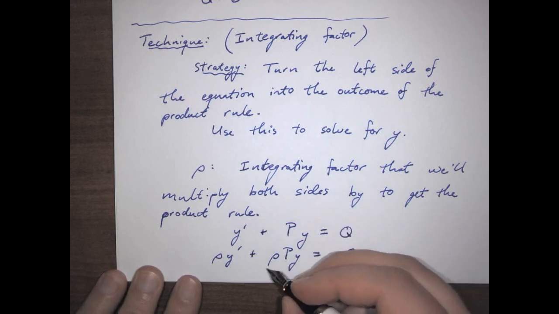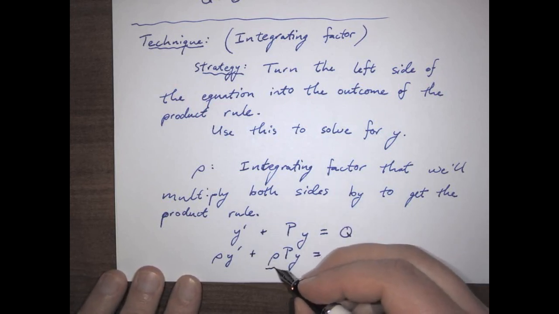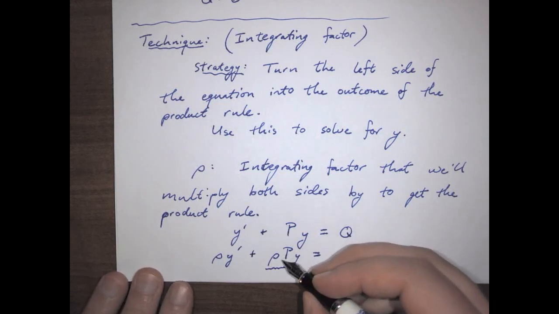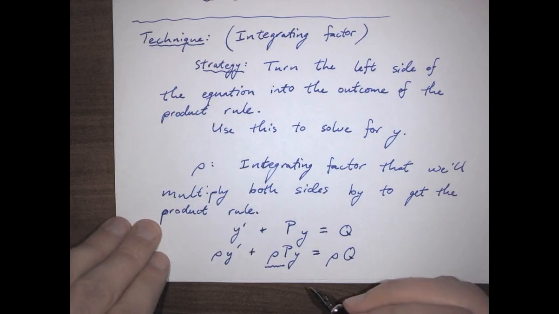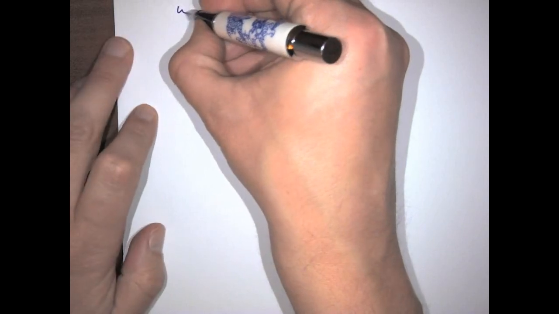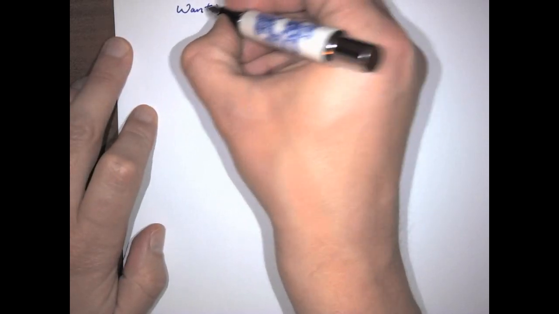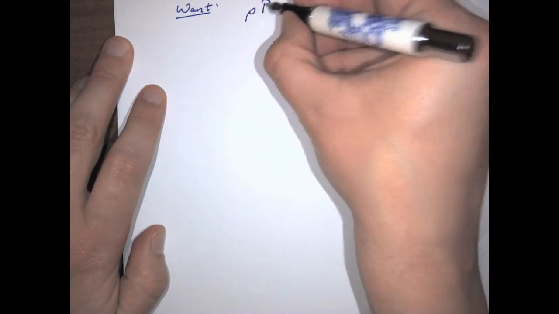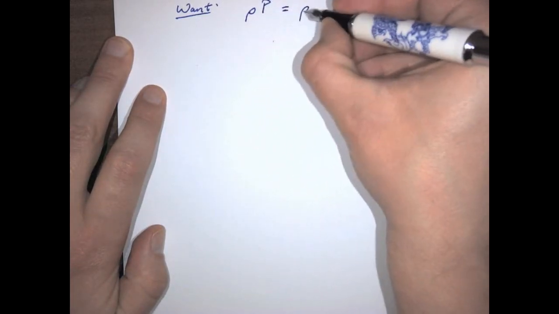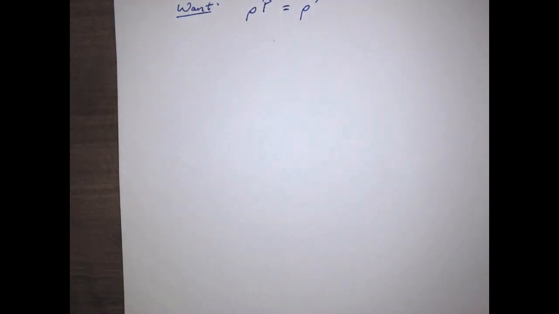In particular, what we want is for rho times p to be the same thing as rho prime.